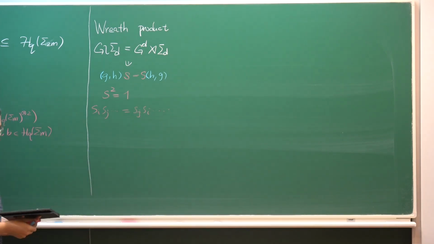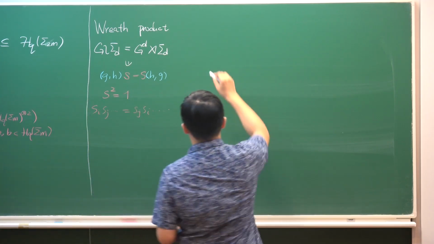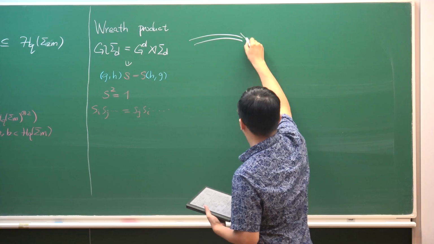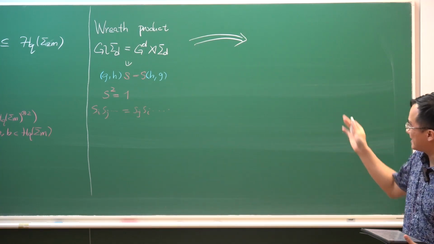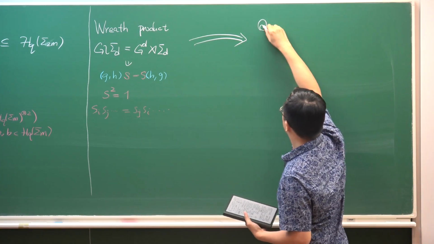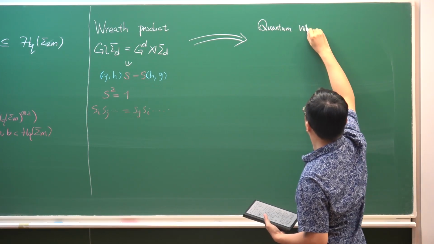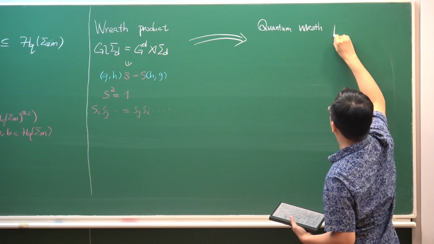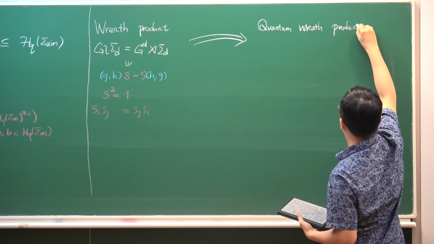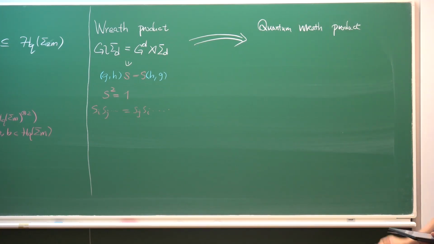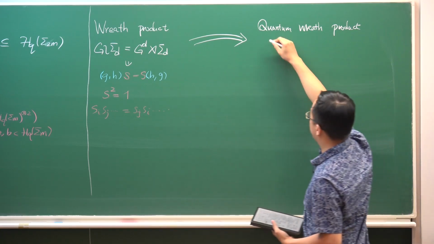So our quantum Wreath product is a procedure of finding a deformation of such a procedure for groups. Instead of groups, we look at, in general, an associative algebra.